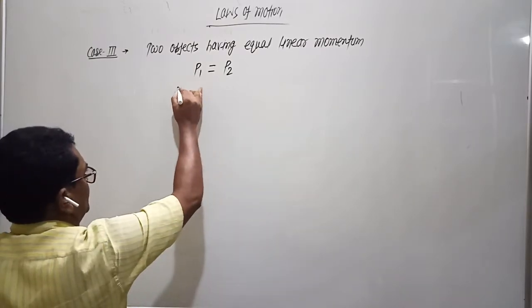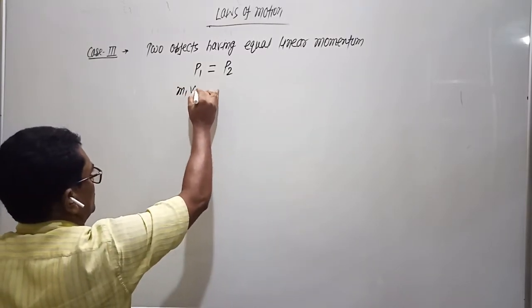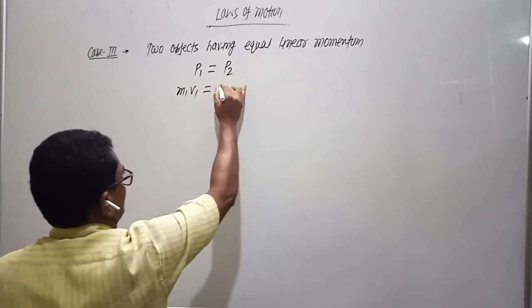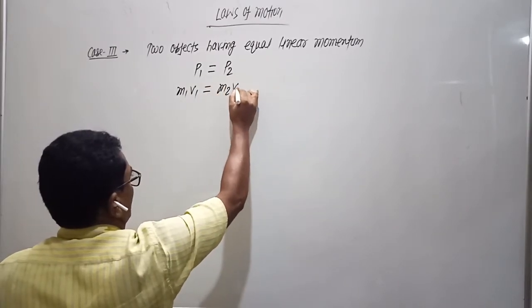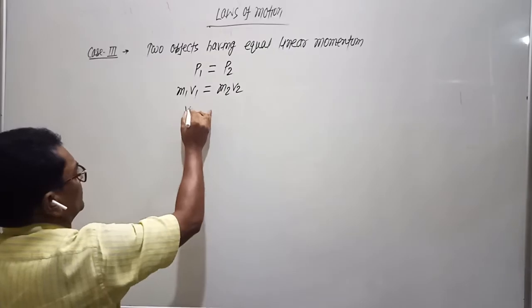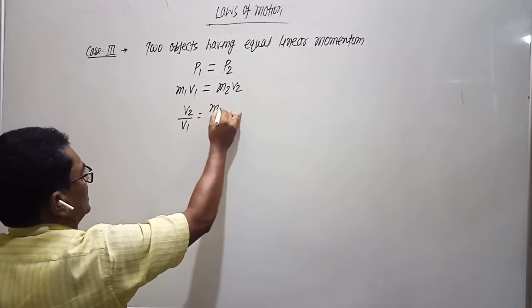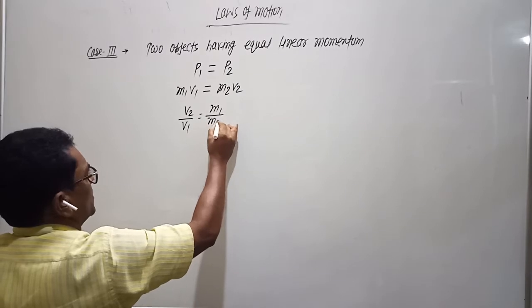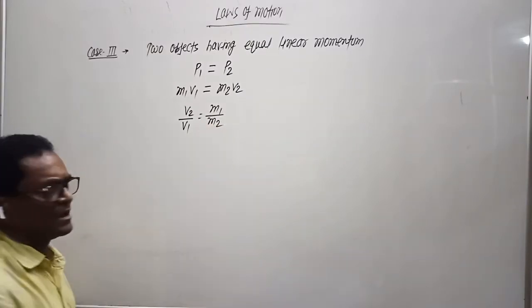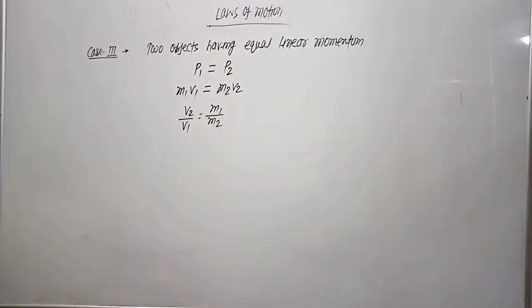The formula for P1 is M1 into V1, and the formula for P2 is M2 into V2. So V2 upon V1 equals M1 upon M2.